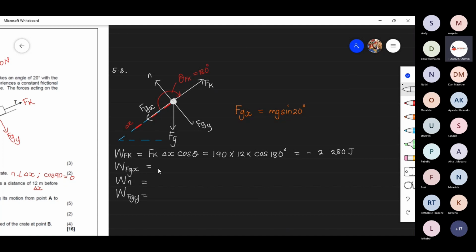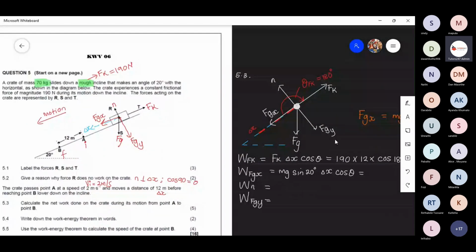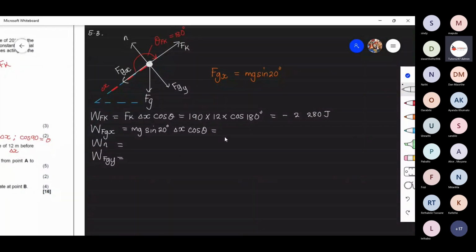So our formula is mg sine 20 degrees times displacement times cos of theta. Now let's substitute. What is the mass of our object? Our object has a mass of 70 kgs. So it's going to be 70 times g, which is 9.8, times sine of 20 times displacement of 12 meters times cos of 0 degrees.